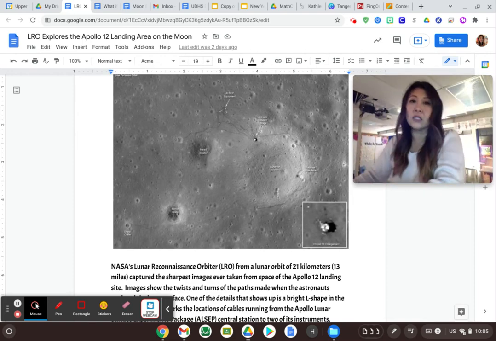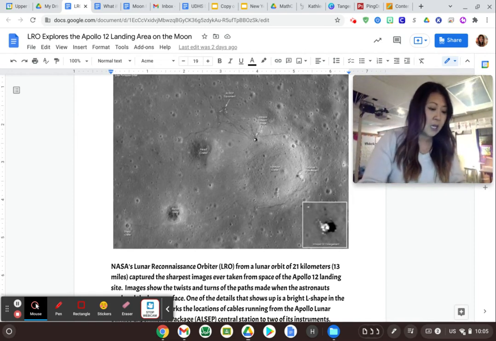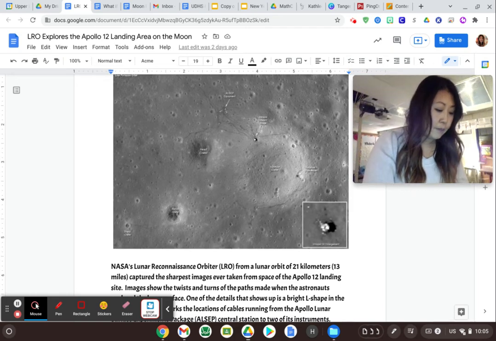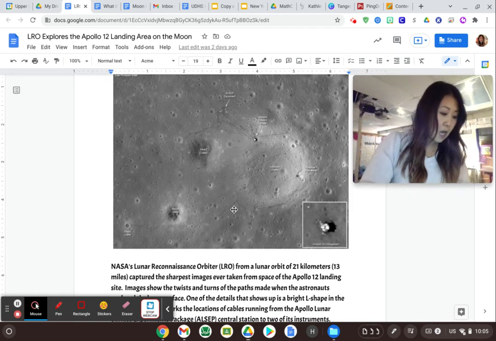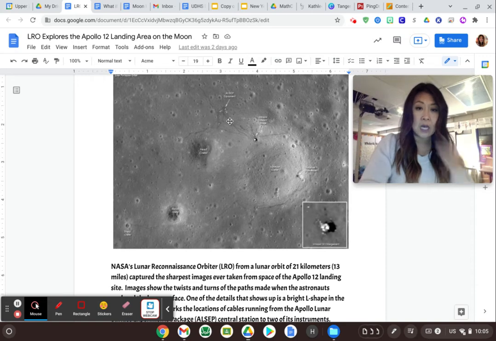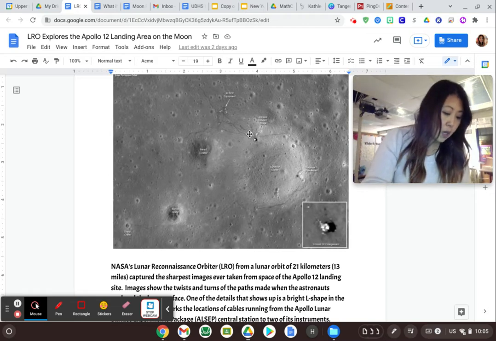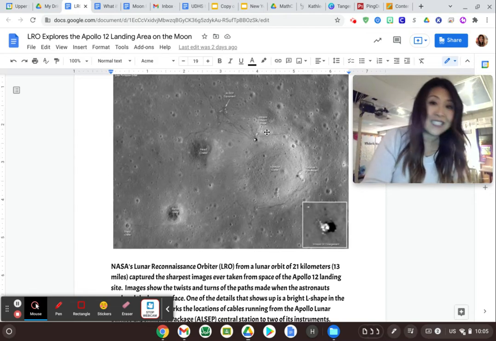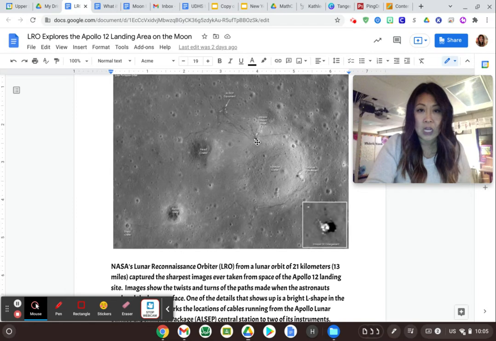It's really hard to see because I'm in a really dark space. I probably need my flashlight on. So this is the ALSEP equipment that we're talking about. That's right here. This is ALSEP. And you're going to need to know this one: the descent stage right here. See it right here? There's a little arrow.